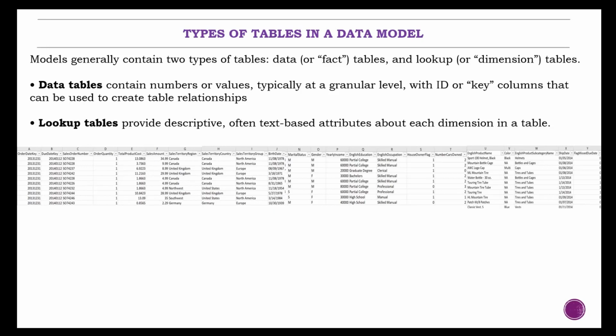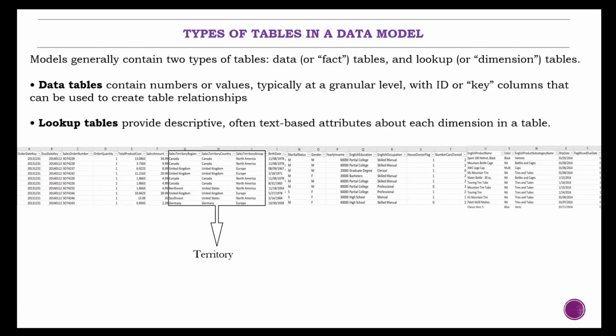Now, if we look at the data set, you notice we have the territory, sales territory region, sales territory country, sales territory group. These three values can be used to create the sales territory dimension.